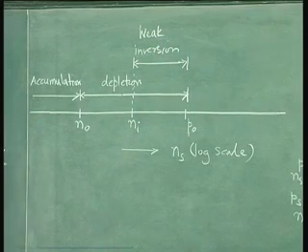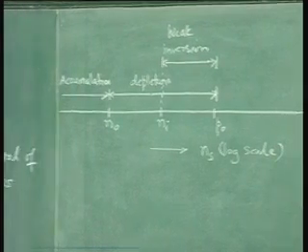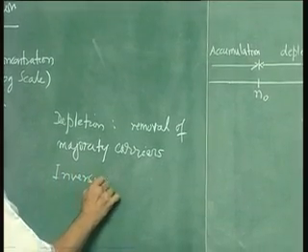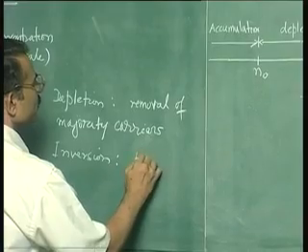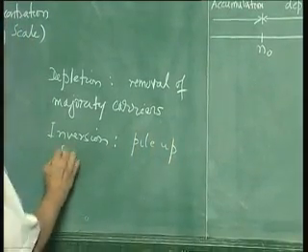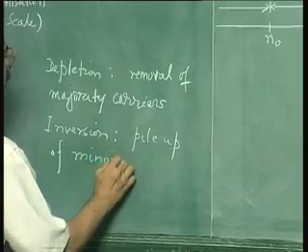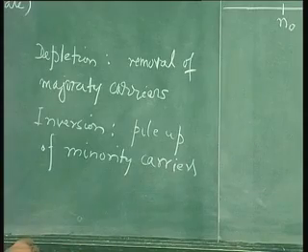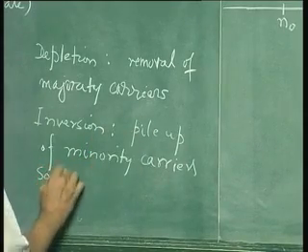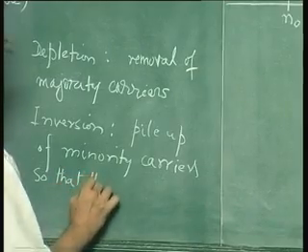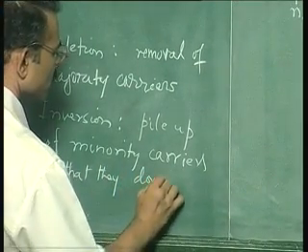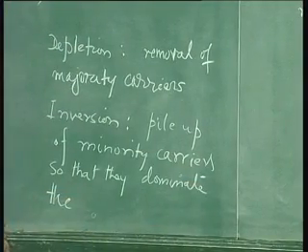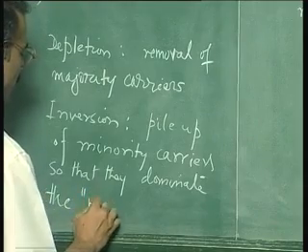Recall what we said about inversion. Just as depletion implies removal of majority carriers, inversion is nothing but pile up of minority carriers, so that they dominate the bulk majority carriers.